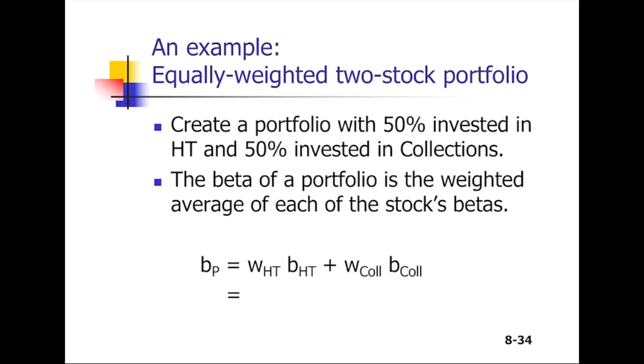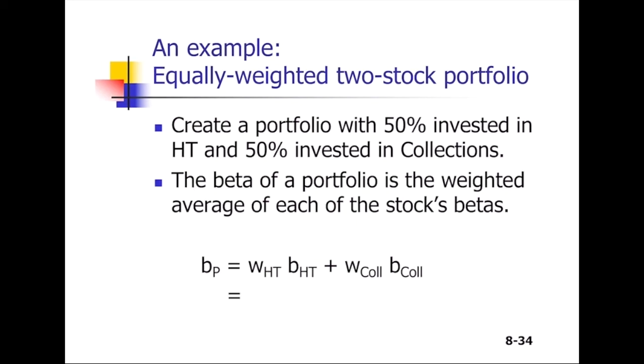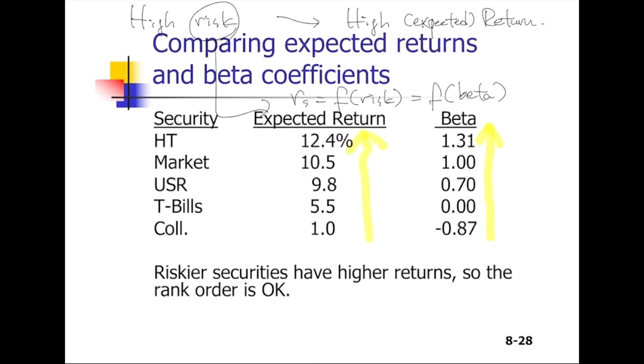The beta of the portfolio is weighted average of each of the stocks' betas. Weight 50% multiply beta of high-tech company. We already got this, right? High-tech company's beta is 1.31.